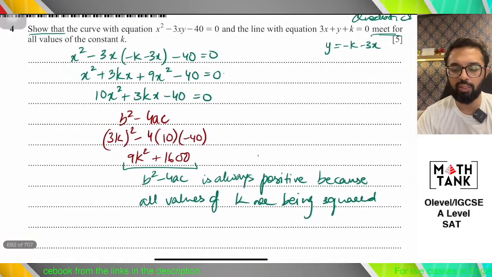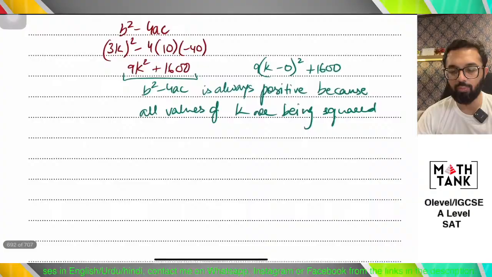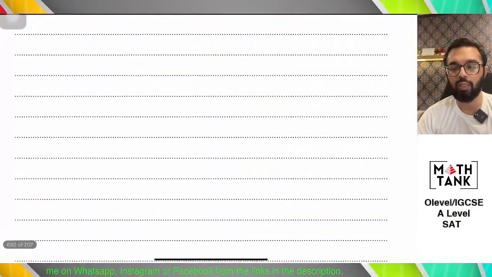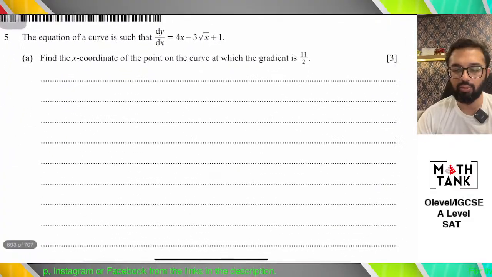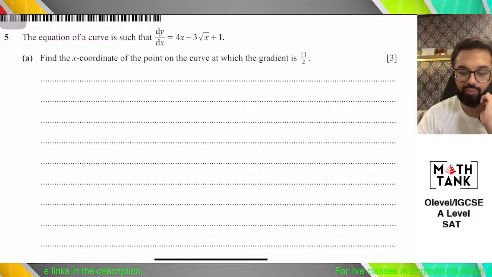Here the square was completed. For example, I can say that this is 9k minus 0 whole square plus 1600. So regardless of the value of k that I plug in, this expression is always going to be greater than or equals to 0 or positive. Okay, so that's this question. You don't have to solve for a value of k. It's just about concluding that b square minus 4ac is greater than or equals to 0.